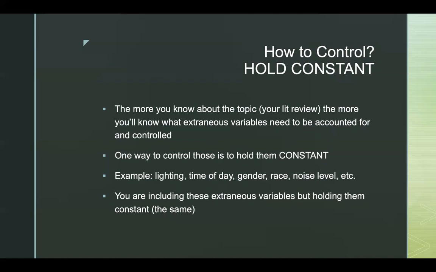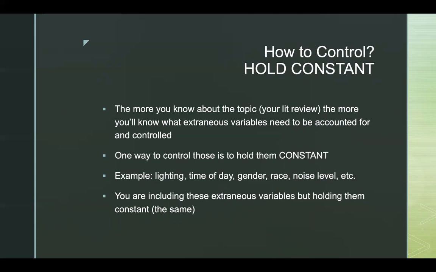One of the ways to figure out what variables appear to matter is to do a thorough literature review, because hopefully people have talked about things that they've discovered while they do their experiments. And then you can say, oh, I'm going to hold that one constant in my experiment so it doesn't affect my dependent variable.